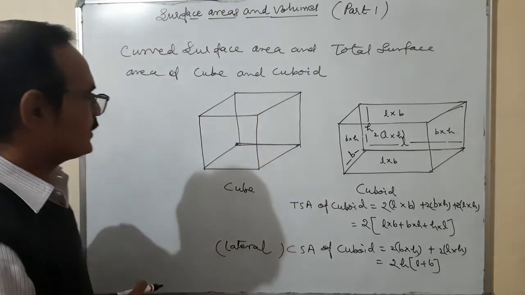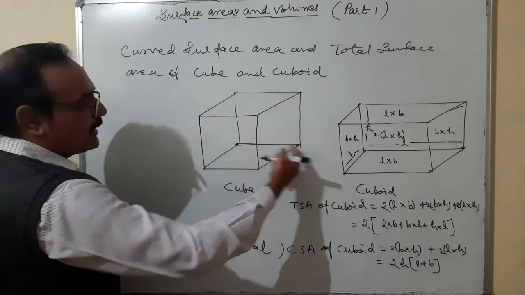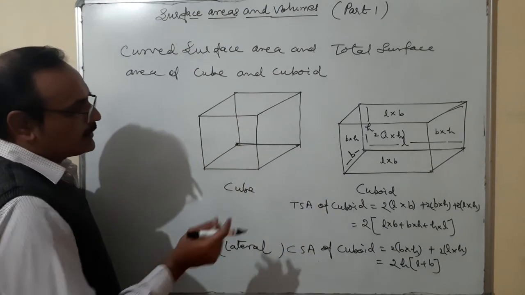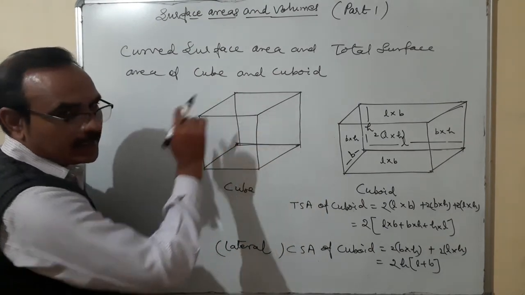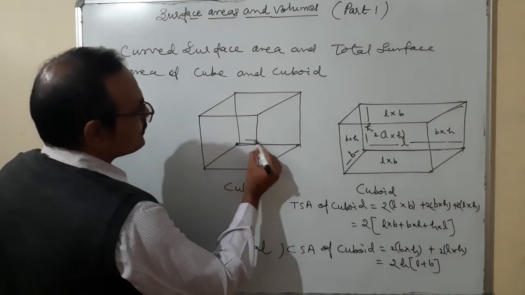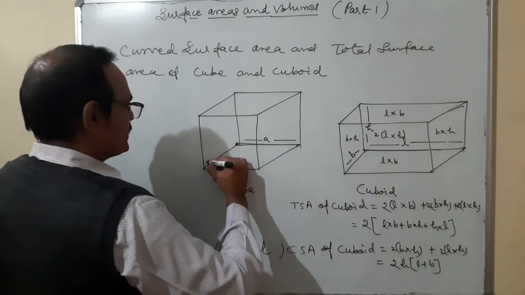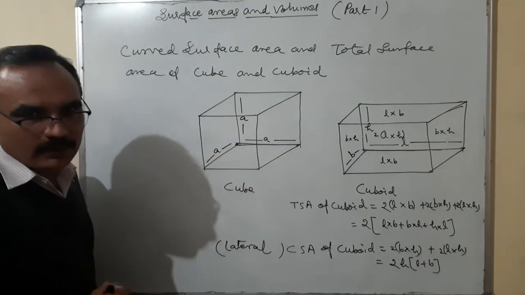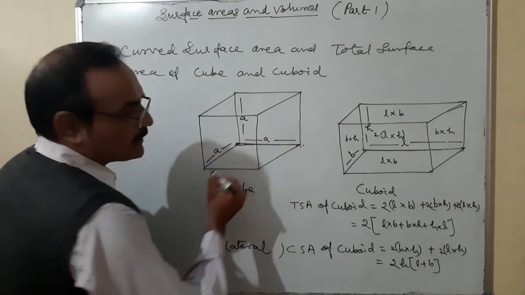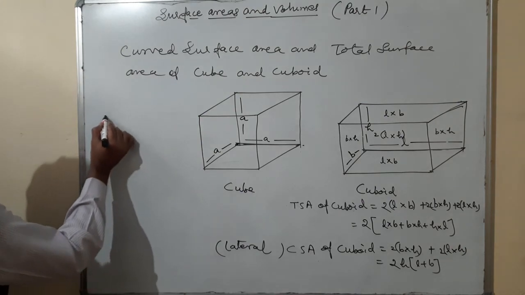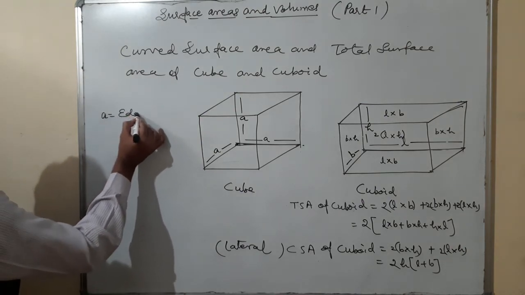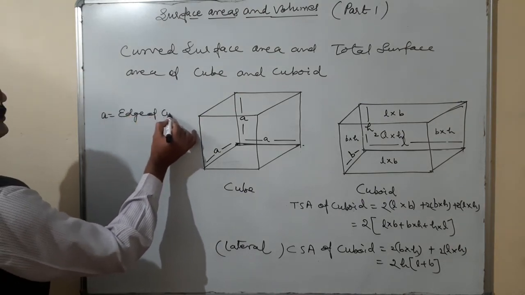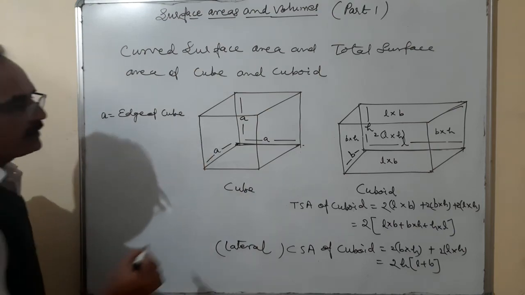So here the length is L, breadth B and height H. But because all these are equal, suppose this is A, breadth is also A and height is A. Here A is the edge of the cube.